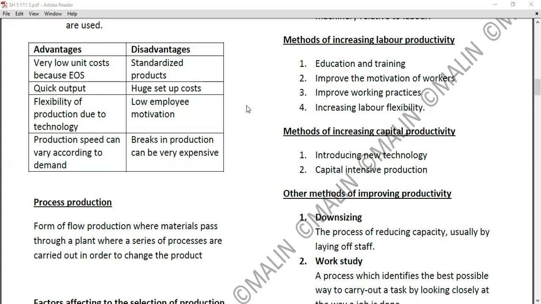According to scientific management theory, F.W. Taylor identified that people are motivated by money, so monetary motivation. So a lot of theories are there: F.W. Taylor's scientific management theory, Abraham Maslow's hierarchy of needs, Herzberg's two-factor theory, and also Elton Mayo's human relations theories.